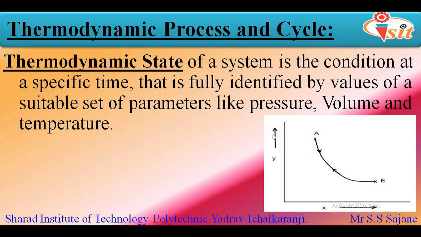So with these two sets of parameters we will get a point that is nothing but point A. This point A is nothing but called a state. So a thermodynamic state is a condition which will have specific values for pressure and volume.